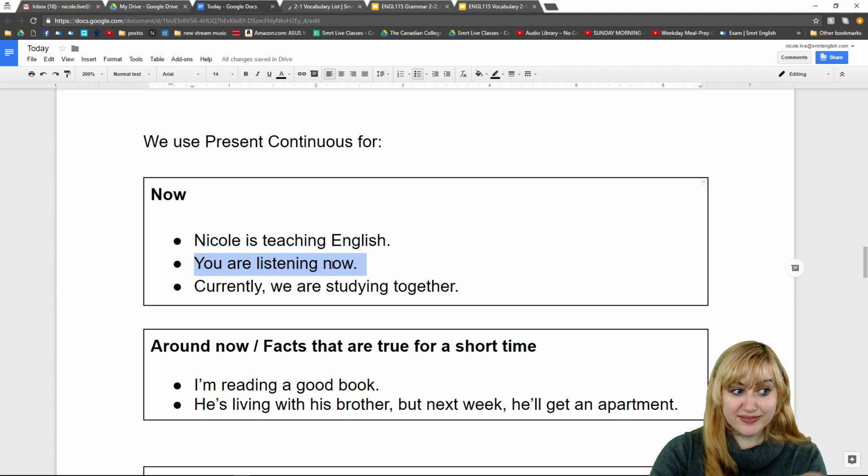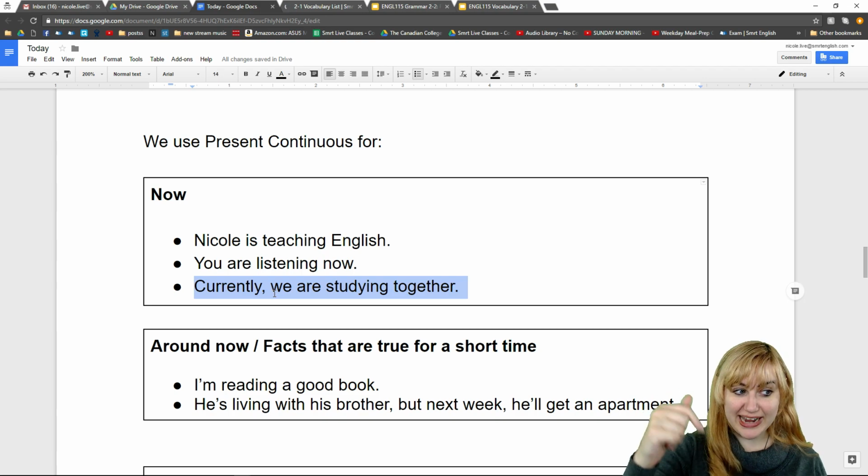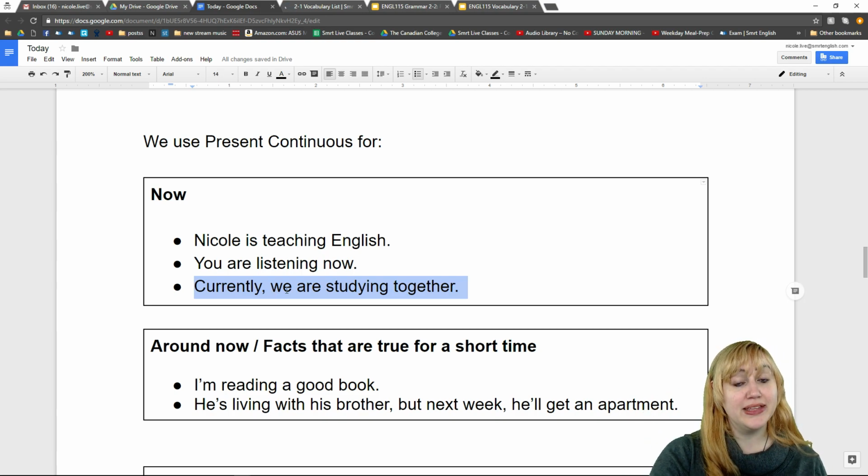You are listening now. So right now, this minute. And currently is an adverb. It's a synonym for the word now. So currently, we are studying together. So right now, we are studying together. Okay, so that's for now.